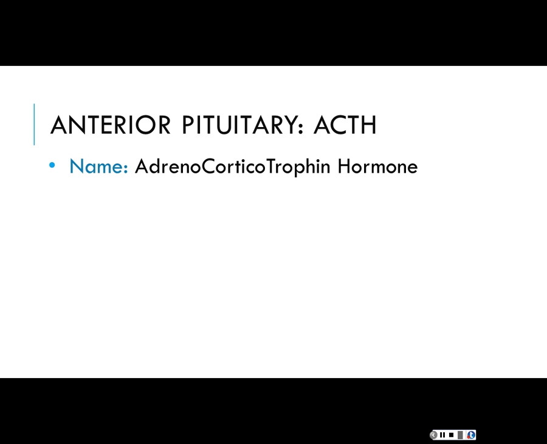ACTH comes from the anterior pituitary. How do you think it's controlled? Tropically by the hypothalamus. Which hypothalamic hormone causes the release of ACTH from the anterior pituitary? Corticotropin releasing hormone.